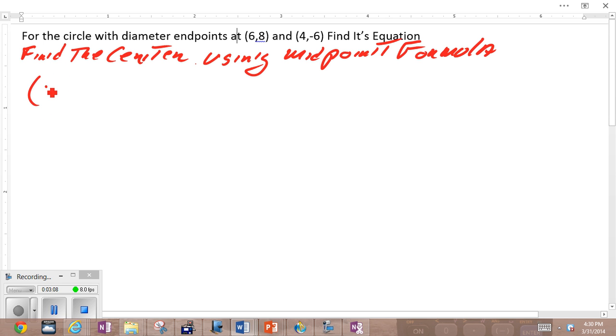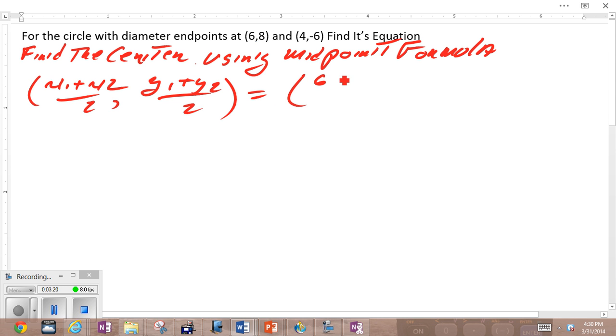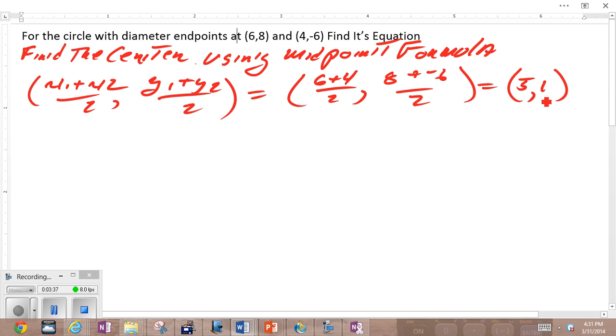Midpoint formula: x1 plus x2 over 2, comma, y1 plus y2 over 2. So that should yield us 6 plus 4 over 2, comma, 8 plus -6 over 2, and that gives us 10 over 2, which is 5, and 2 over 2, which is 1. So we already knew that.